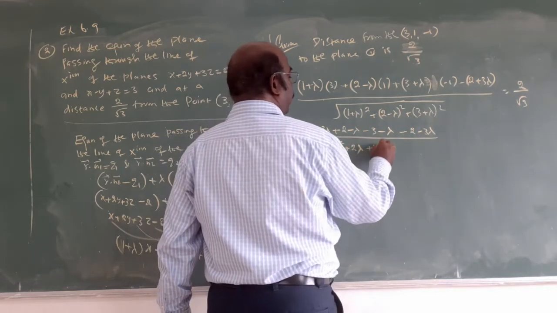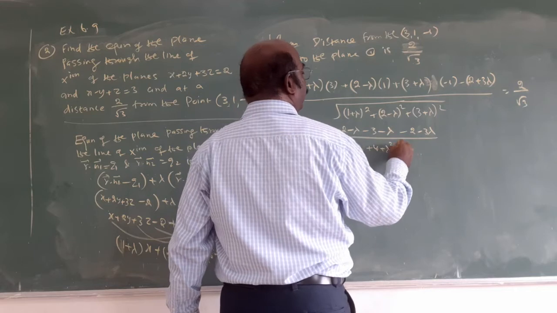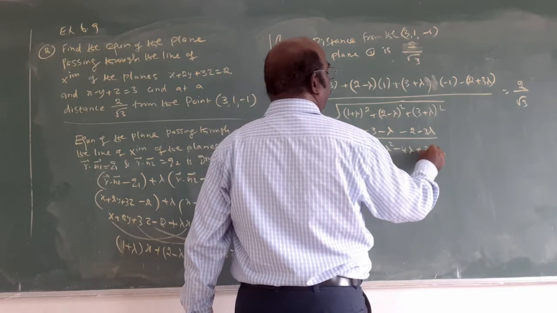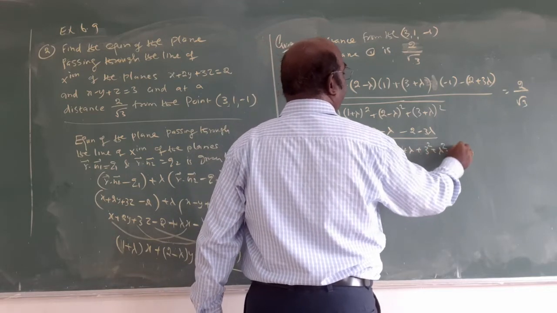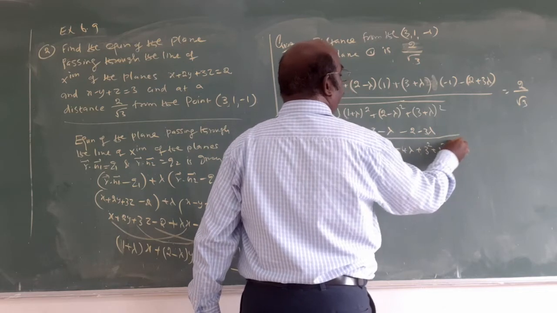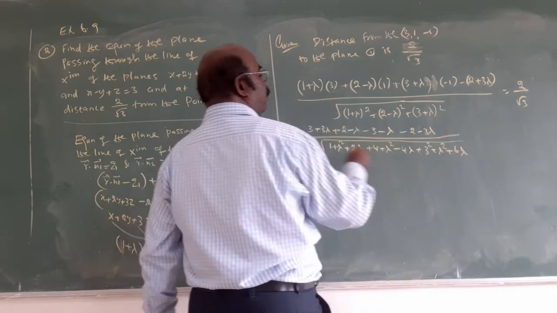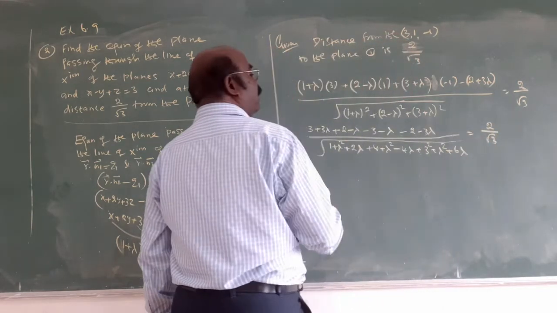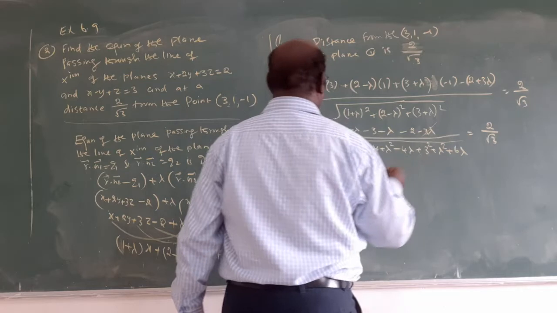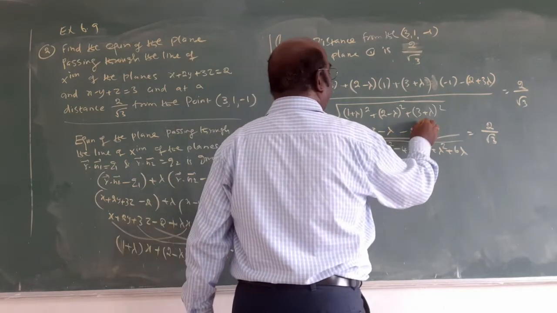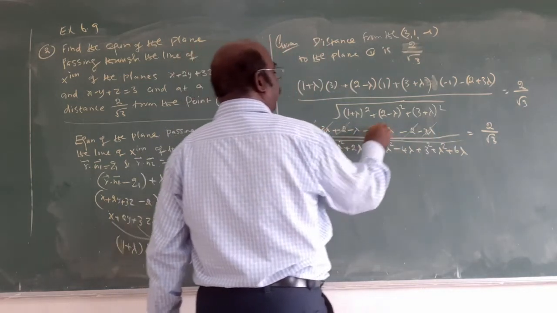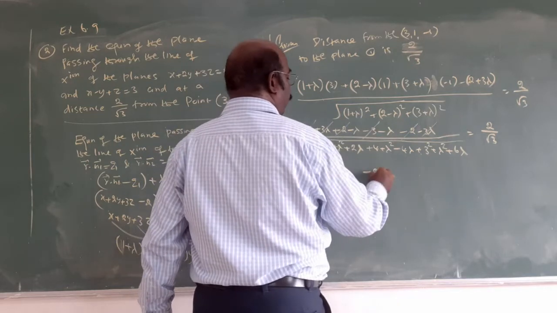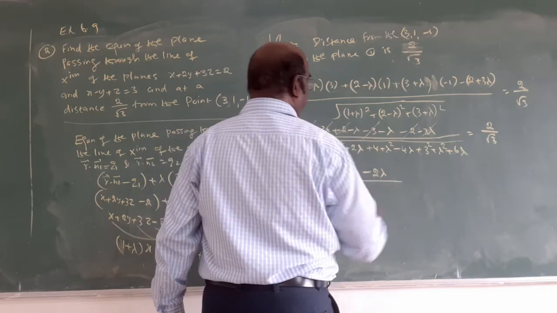Here a square plus b square minus 2ab is 4 lambda, a square plus b square plus 6 lambda. These are all within the square root. That's important. Equal to 2 by root 3. Now this will be cancelled: plus 2 minus 2 cancelled, 3 cancelled, minus 2 lambda.